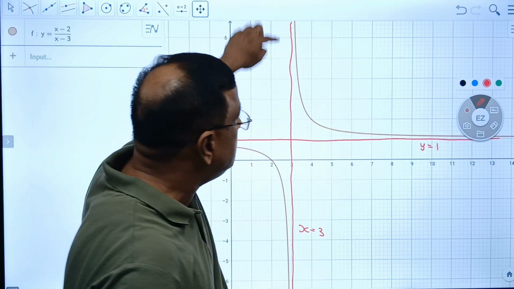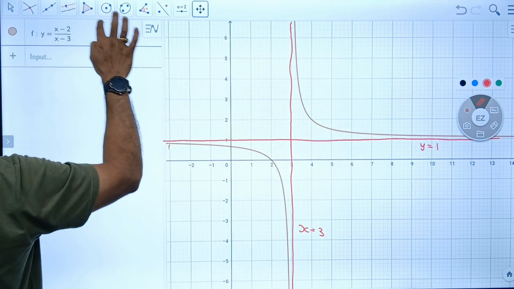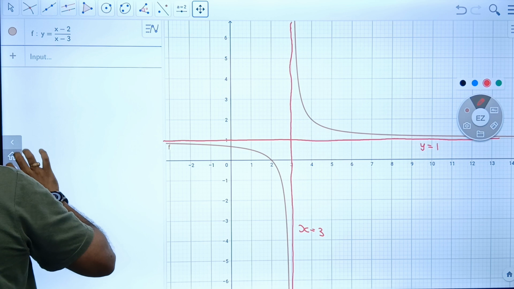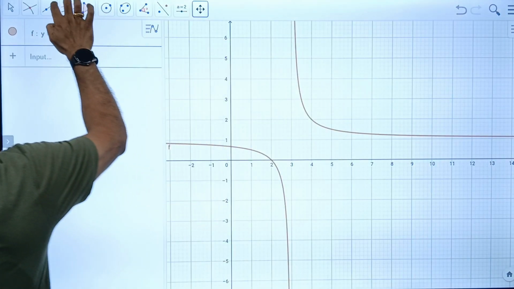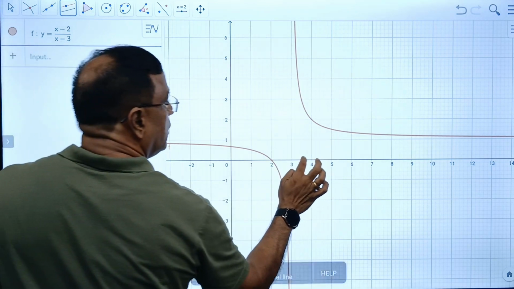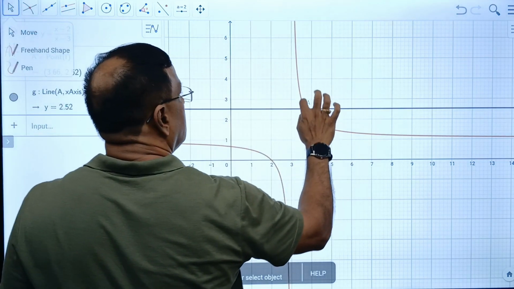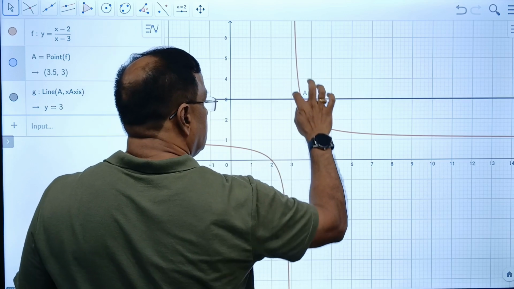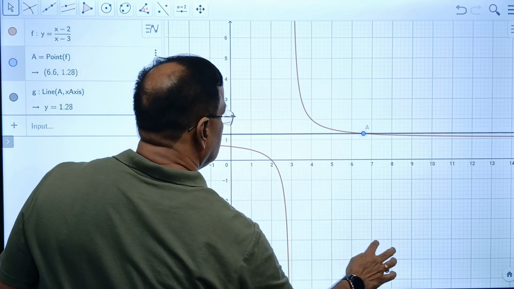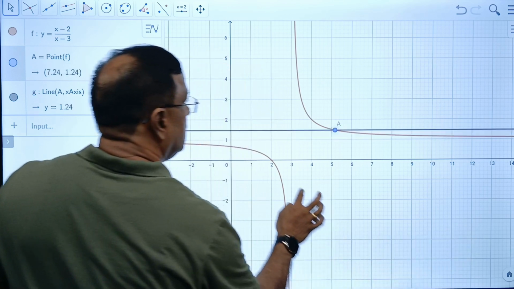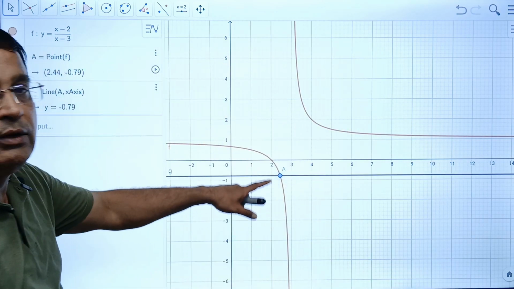Now you can see clearly, if I draw a horizontal line and move it wherever you want, see this, if I move this, it will intersect the graph at exactly 1 point.